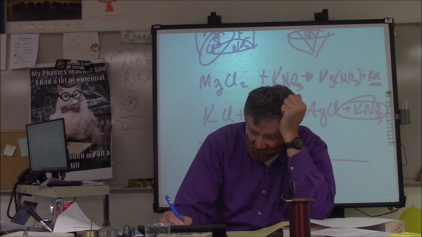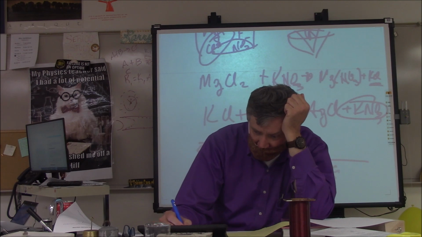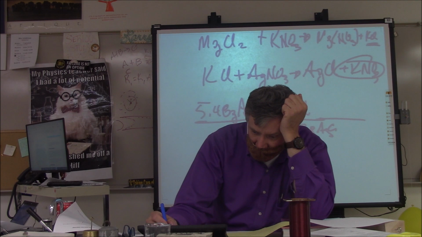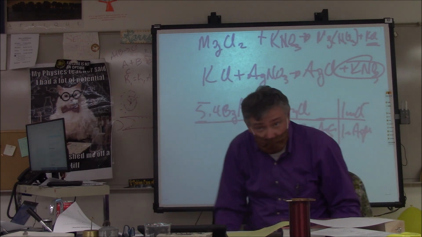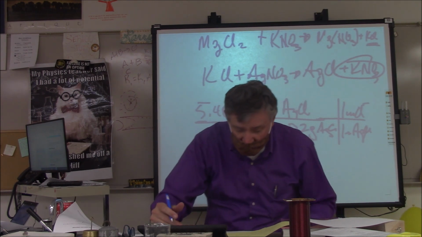So the molar mass of that is 143.32 grams of AgCl per 1 mole of AgCl. So then, from there, for every 1 mole of AgCl, I get 1 mole of chloride ions, because everything's in a 1-to-1 ratio. So that gives me 1 mole of chloride ions.